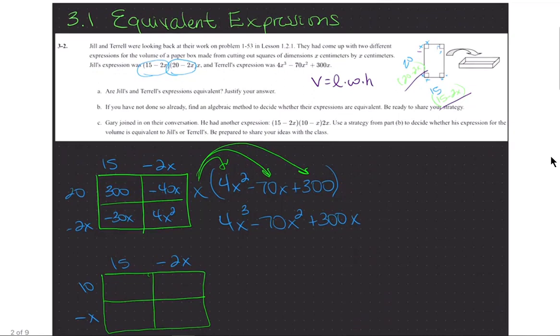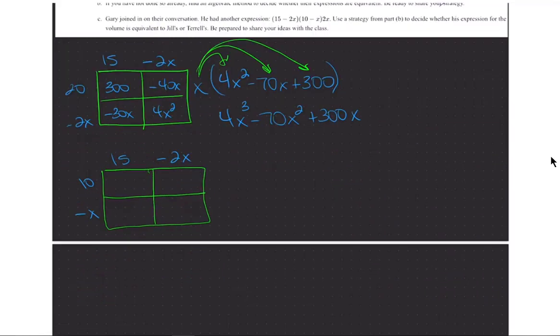Hopefully that shows, there we go. So now I'm just going to go through and multiply these out. What am I going to get? 150 minus 20x minus 15x plus 2x squared.